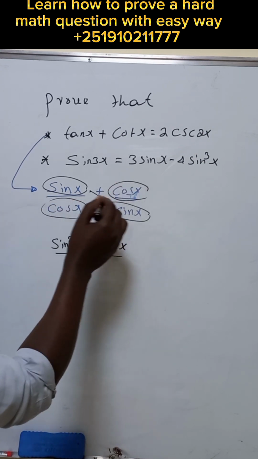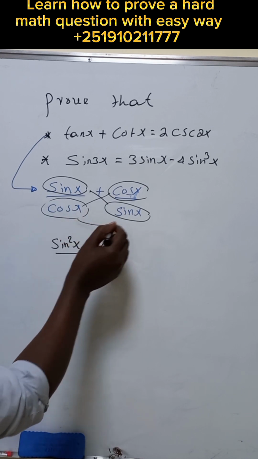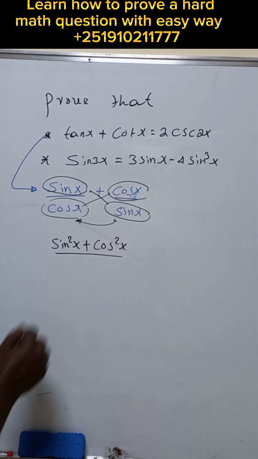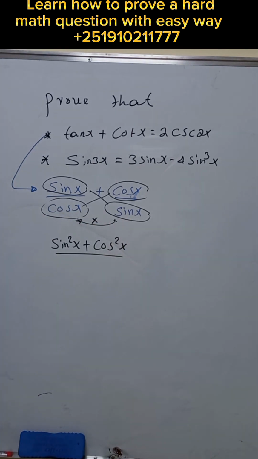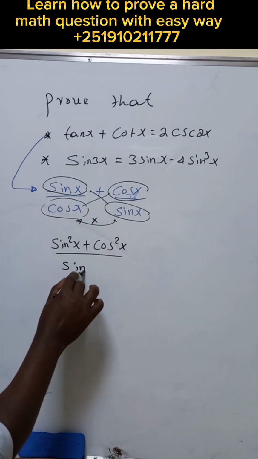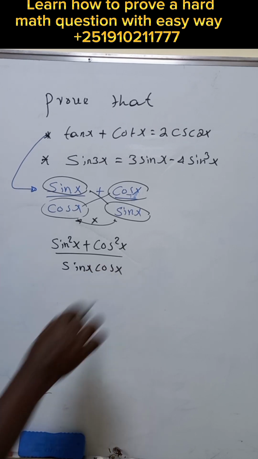After we cross multiply, we need to multiply the denominators again. The product of sin x and cos x will be sin x cos x. This is the product.